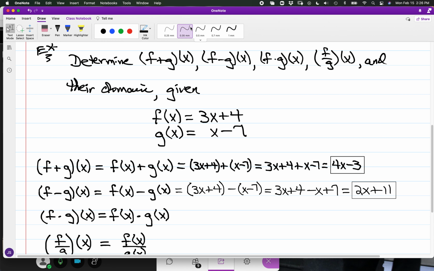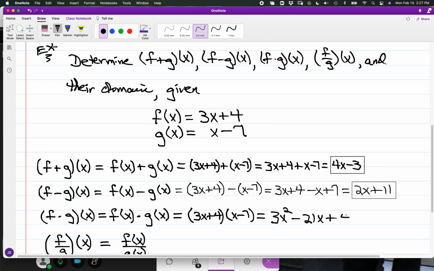And in the case of the product function, f of x, we have 3x plus 4, times g of x, which is x minus 7. If I multiply together, 3x times x will be 3x squared. The outside product is going to become negative 21x.